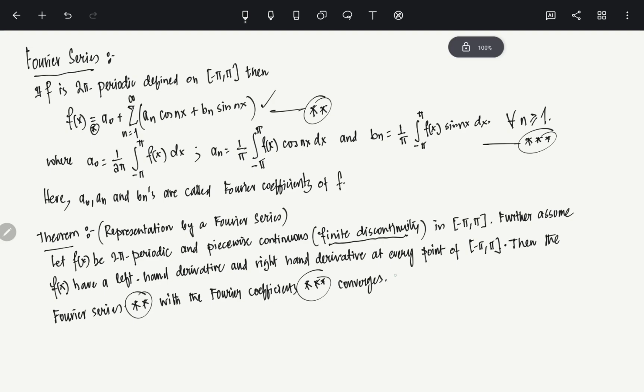And what about the sum? Its sum is f of x, except at the point x naught. What is so special about x naught? x naught is the point of discontinuity.